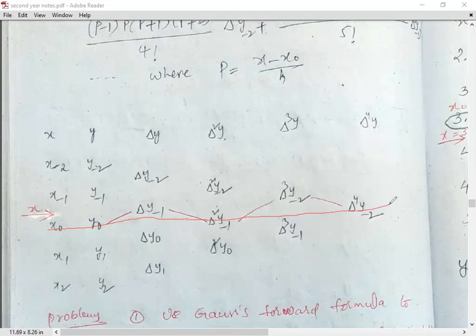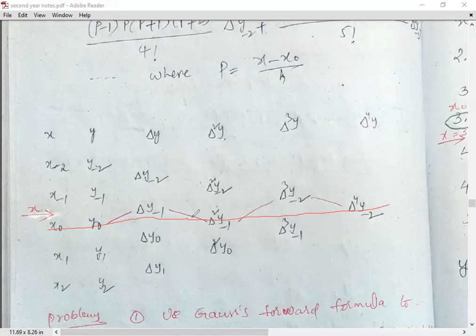As I said before, on the central line, even order differences will exist. They are as it is from y naught. The suffix is 0, and it goes to the suffixes as -1, -2, -3, etc. And the order of the difference is even: delta square, second order difference, fourth order difference, sixth order difference, etc. And the other differences that we are taking are above the central line, and they are odd differences.